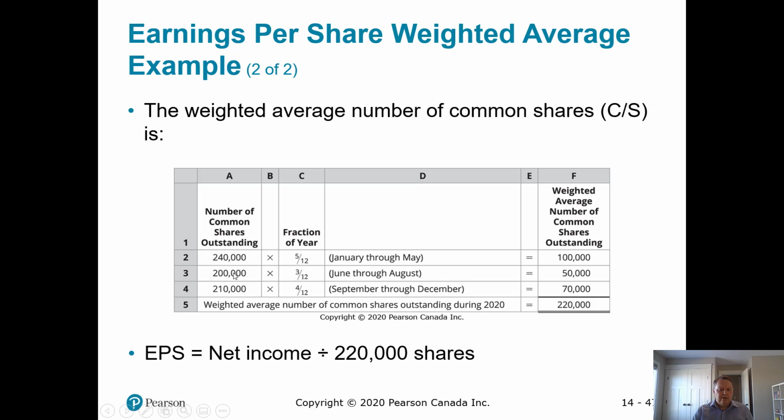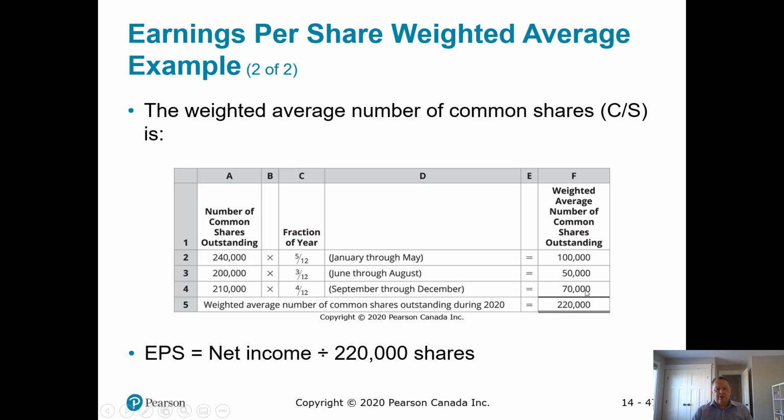And then we've got 200,000 shares outstanding for June through August, 3 of 12 months, in other words. So again, the multiplication, 200 times 3 of 12, 50,000. Then for the balance of the year, September through December, which is 4 months, we had 210,000 common shares outstanding for 4 months.